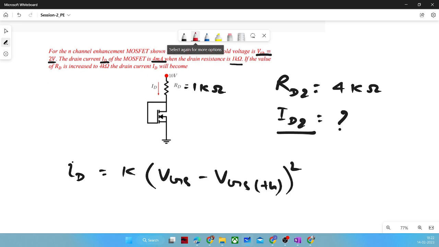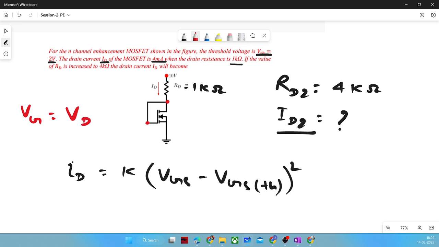And we can see from this circuit that the gate is shorted with the drain terminal, so VG will be equal to VD.